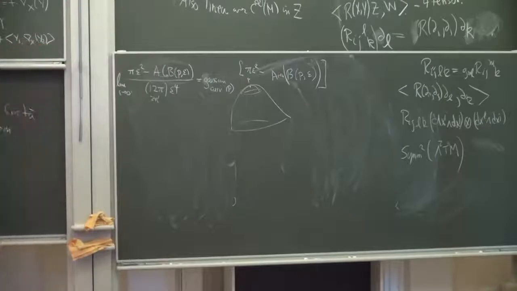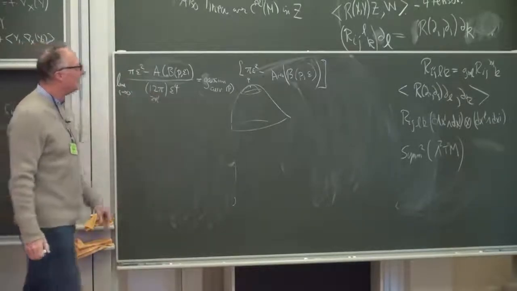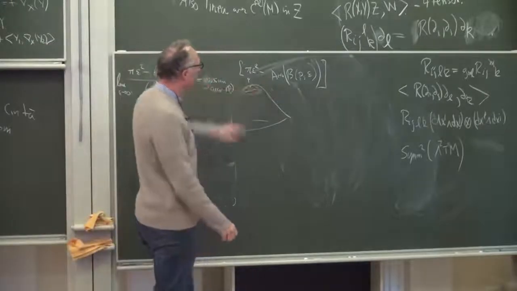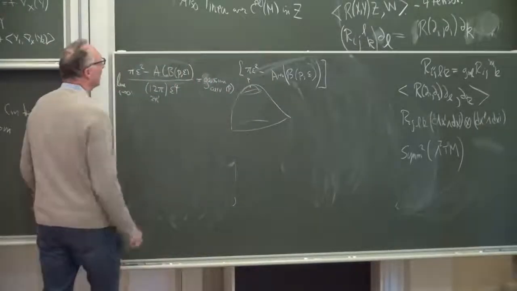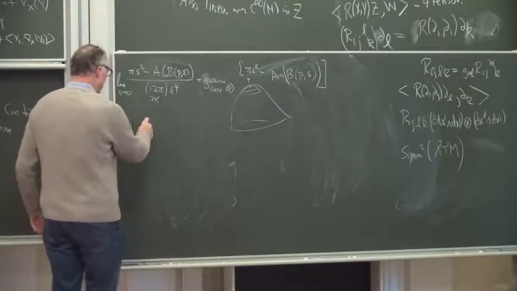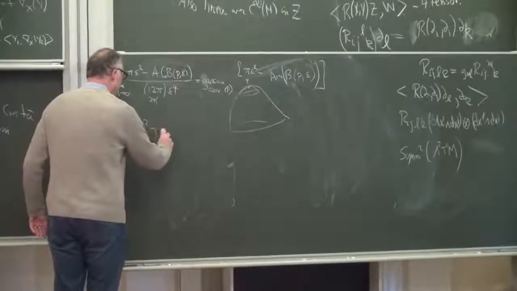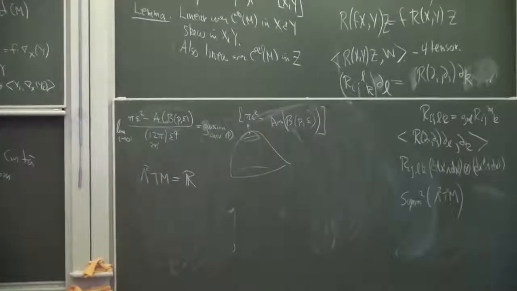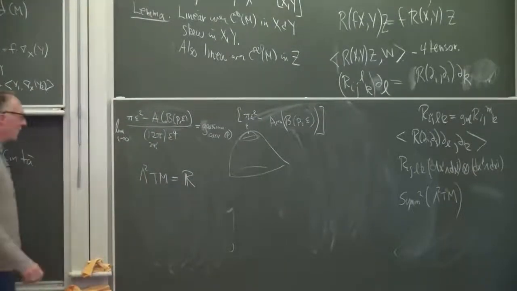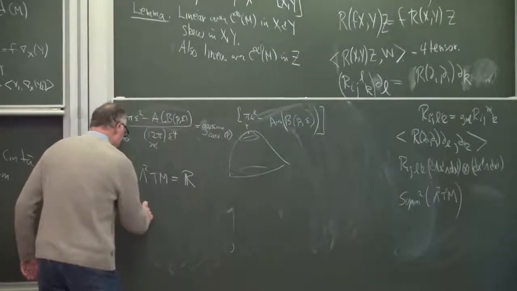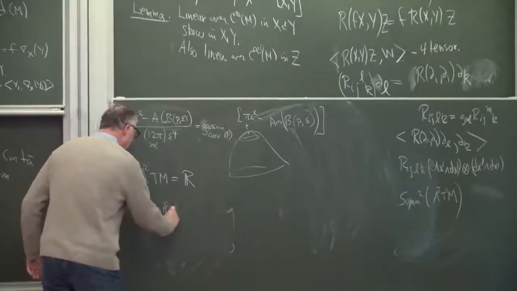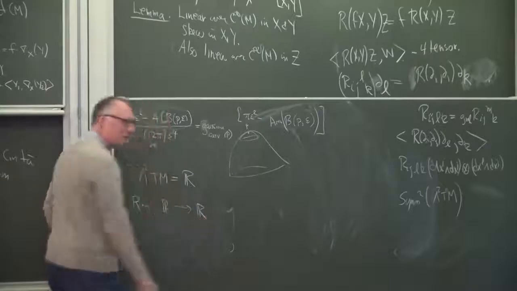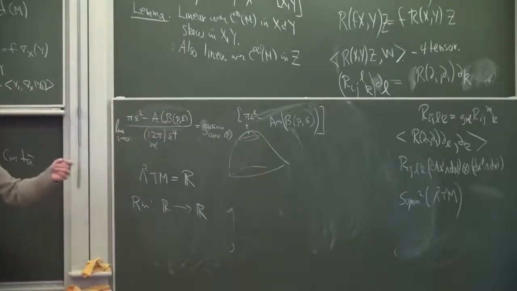So it tells you how much area, to the next order in epsilon, you have compared to the flat area. And if we think of a surface with a metric, wedge 2 of the tangent bundle is identified with the line, up to plus or minus. So the Riemannian curvature is a map from the line to the line, so it's multiplication by some number.